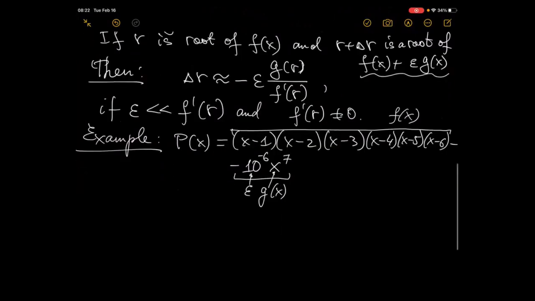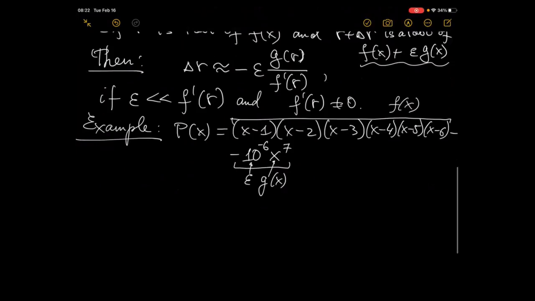So if we try to compute the standard sensitivity formula, we will get the following delta r. So let us consider root r, which is equal to 6. Let us try to figure out what will be the distortion of this root if we try to find the root of p of x after opening all the brackets.